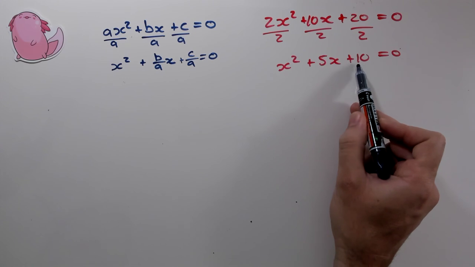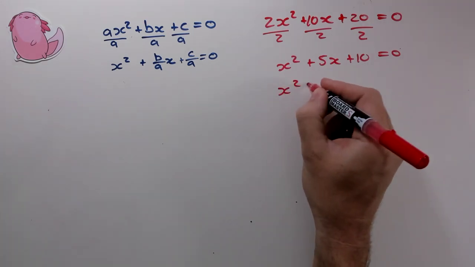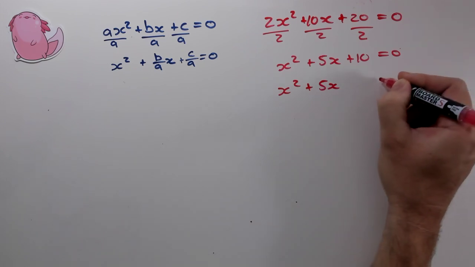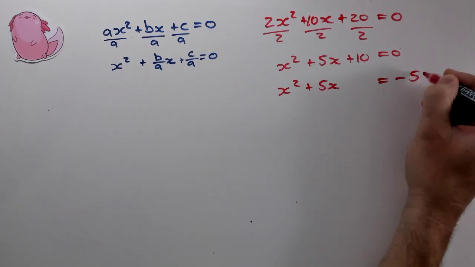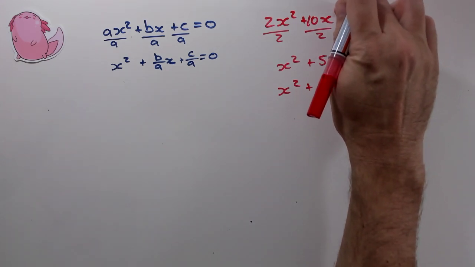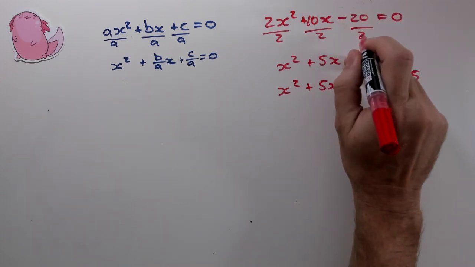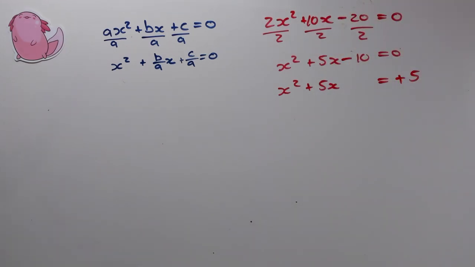The next step would be to take the 10 over to this side, right? So we would do x squared plus 5x is equal to, this is going to be a negative 5. I'm thinking I might run into some trouble here. Sorry guys, I should have thought this through a little bit. I'm just changing that sign to make life a little bit easier later on.